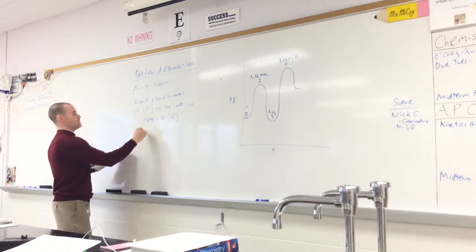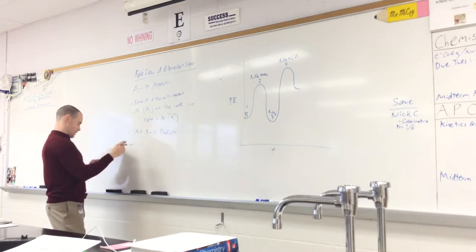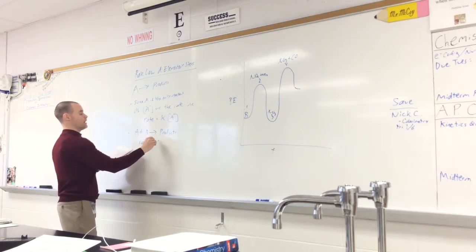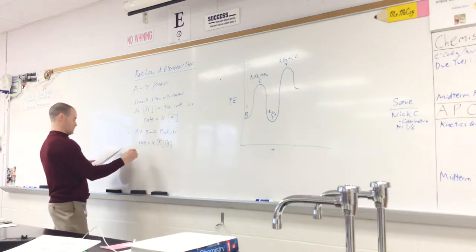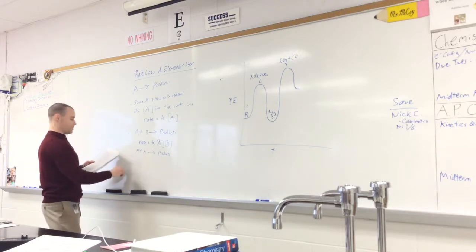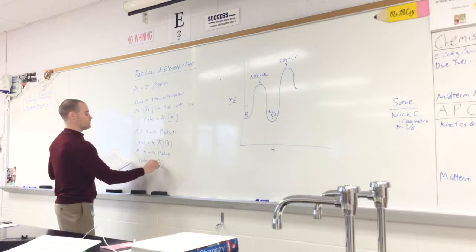A plus B yields products, then the rate law would be k times A times B, or we could have A plus A yields products, and that would be rate equals k times A squared.